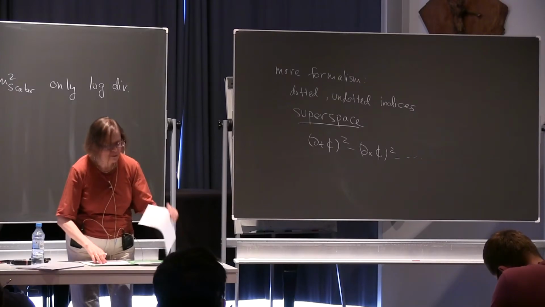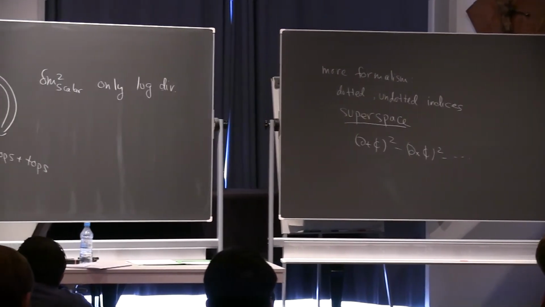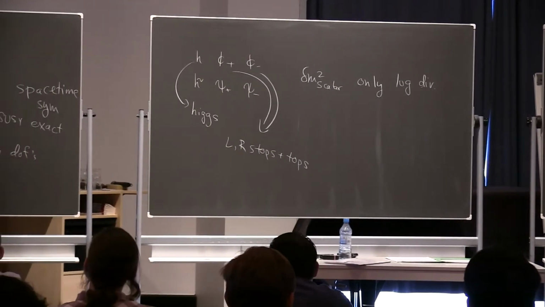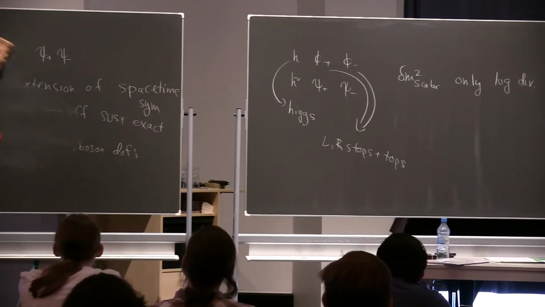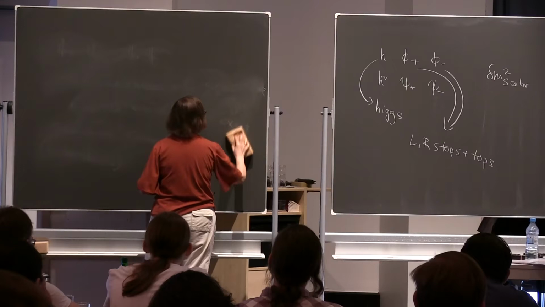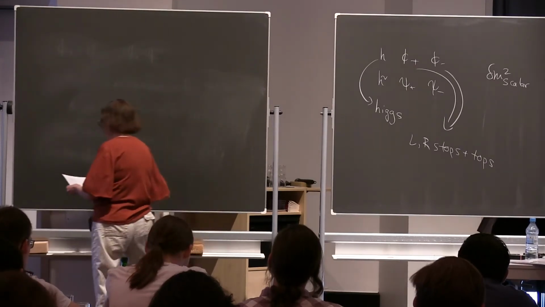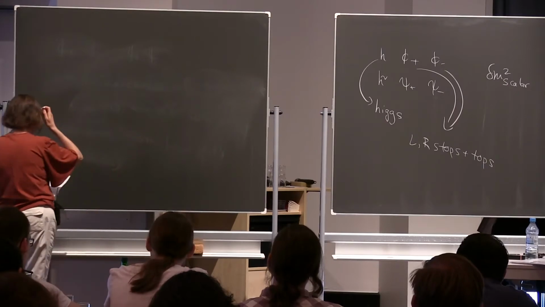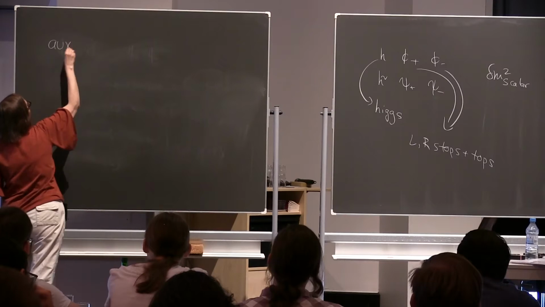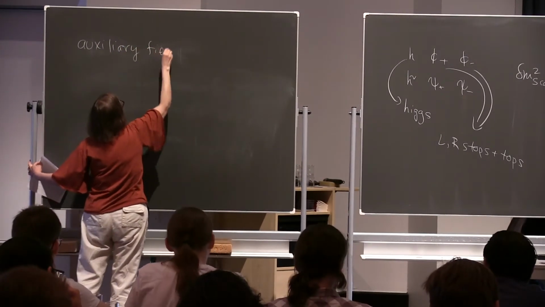Okay, so the first thing we want to start with is making the supersymmetry algebra, making the SUSY transformations a little more simple. So last time, going back to our very first example, we're going to talk about auxiliary fields now.